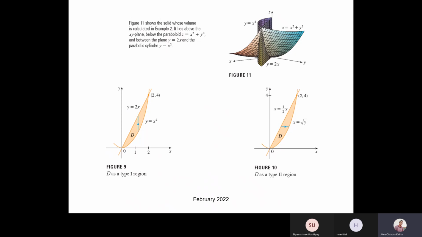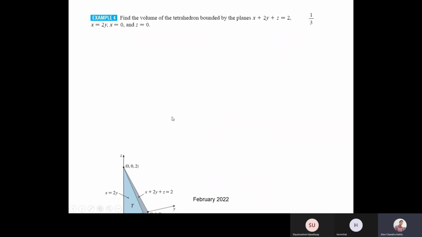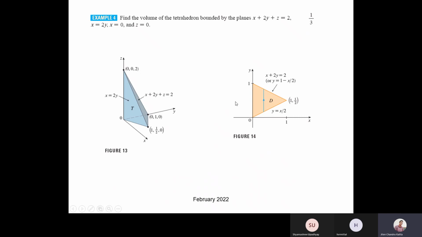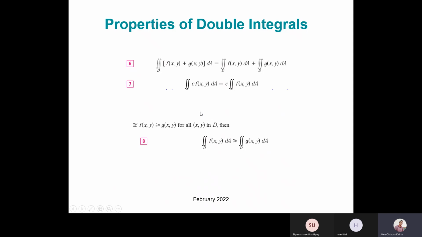There are further examples, and the figures are already given. Please work them out at home, and of course, you are going to have enough problems in your tutorial sheets. While working them out, you will also have a better understanding of whatever you have done.